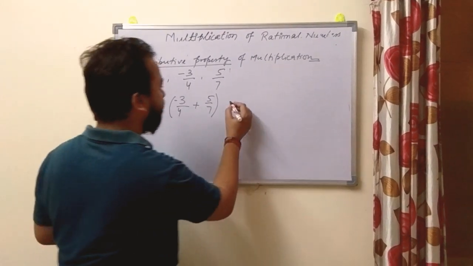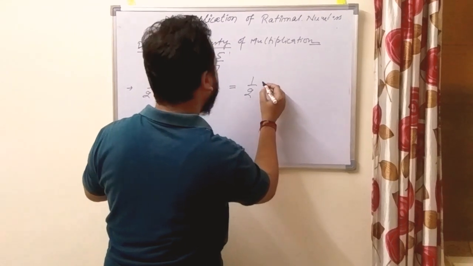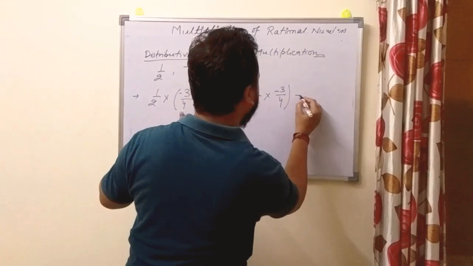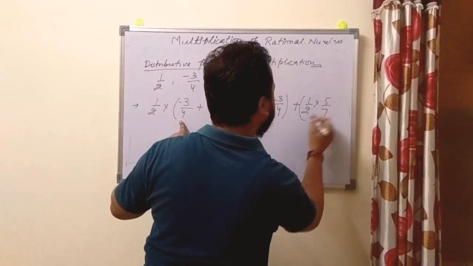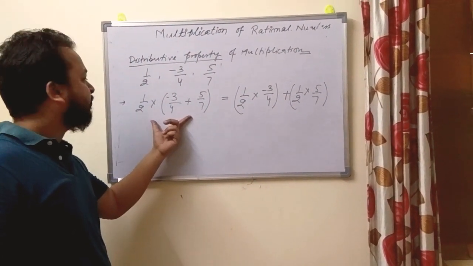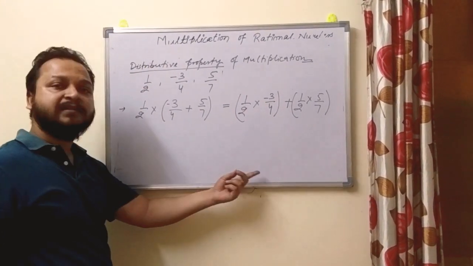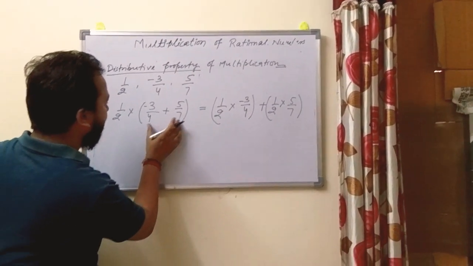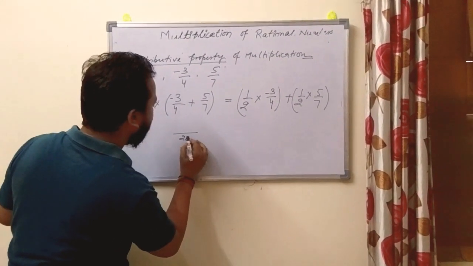So the result, by using the distributive property, what we get? 1 by 2 multiplied by minus 3 by 4 in one bracket plus 1 by 2 multiplied by 5 by 7 in second bracket. So the answer by solving this and by solving this will be same. Right? Add these, take the LCM of 4 and 7. The LCM of 4 and 7 is 28.